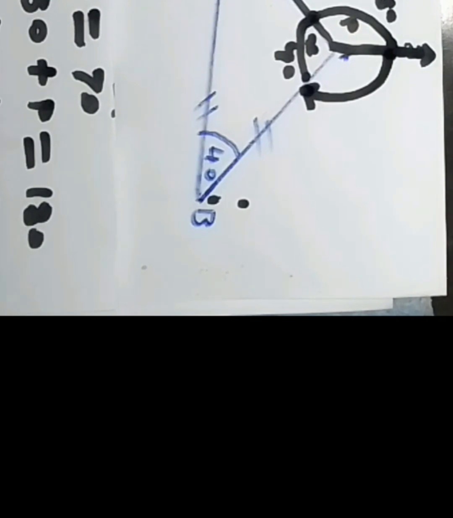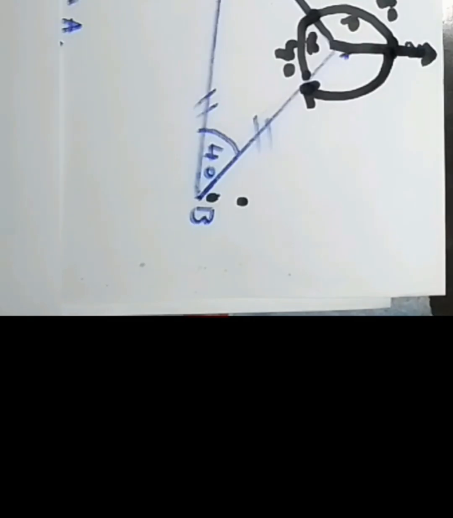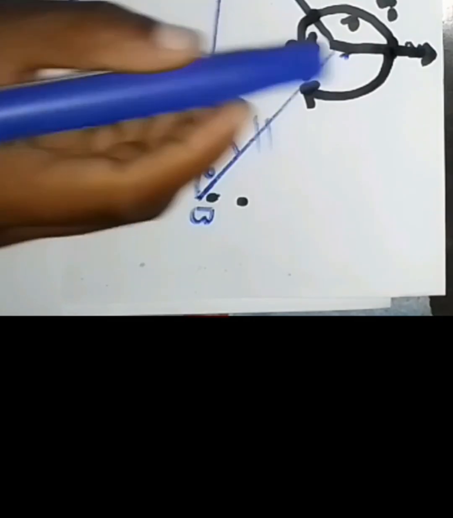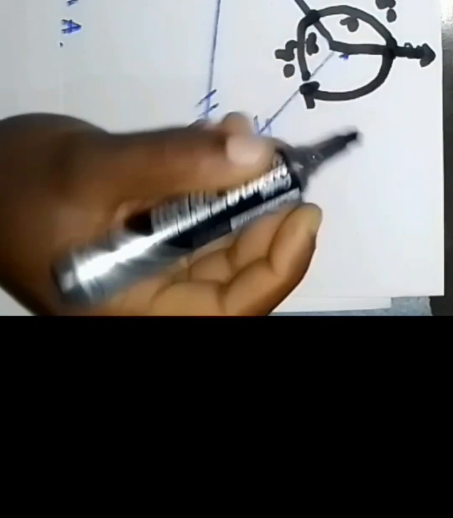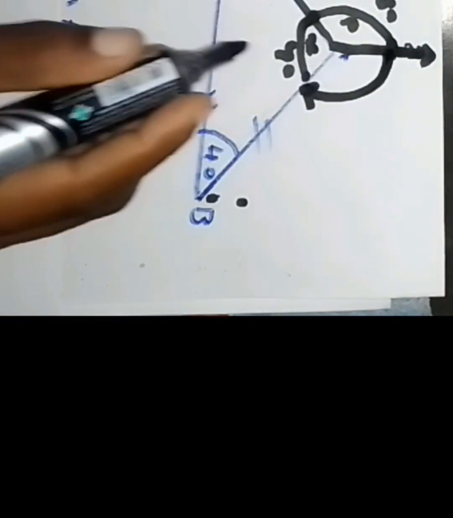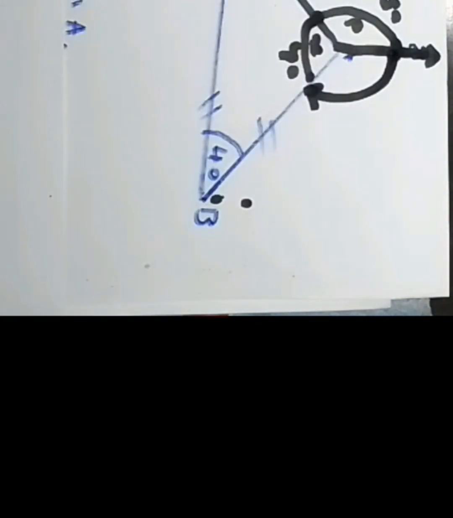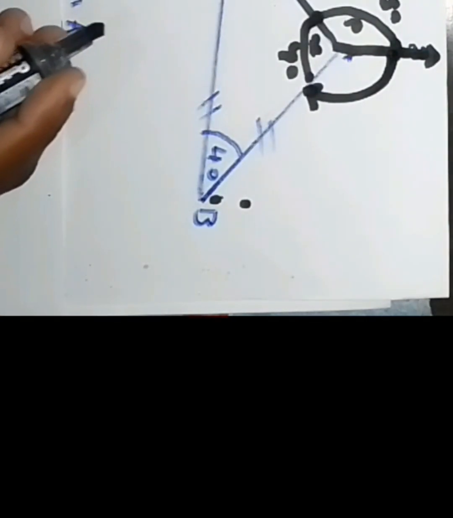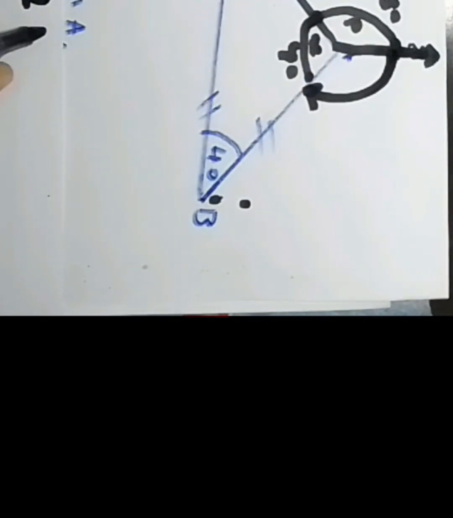A complete revolution adds up to 360. We calculate the angle in which this movement was made by adding 70 plus 150, that is 220.